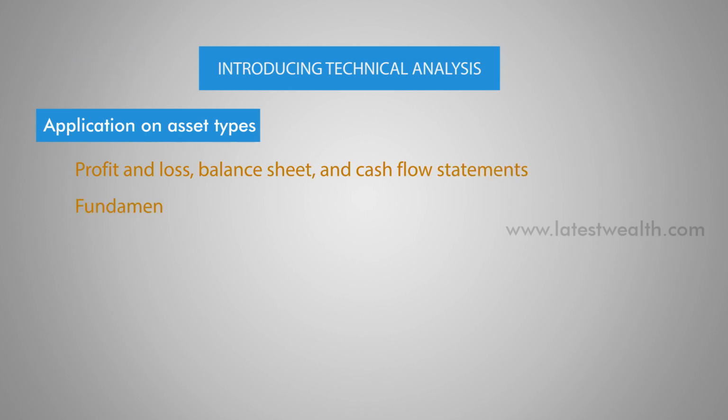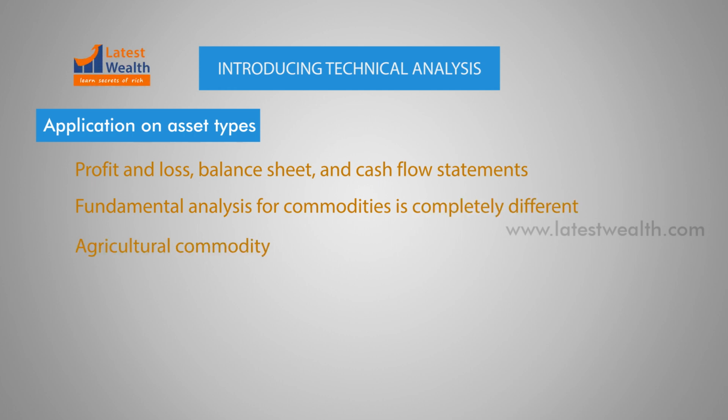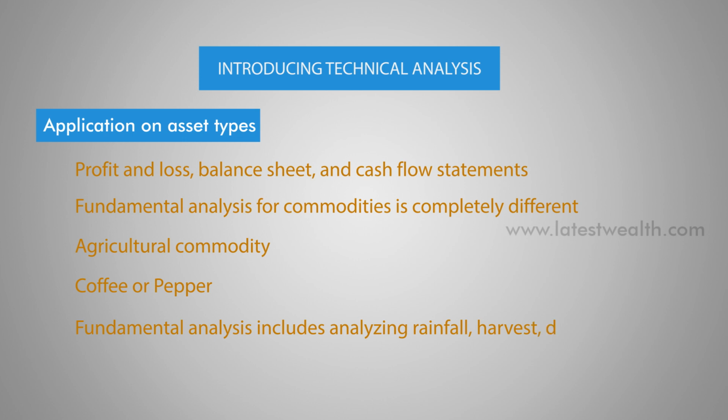However, fundamental analysis for commodities is completely different. If you are dealing with an agriculture commodity like coffee, pepper, then fundamental analysis includes analyzing rainfall, harvest, demand, supply, inventory. However, fundamental analysis of metal commodities is different. In the same way, for the energy field, it is entirely different.